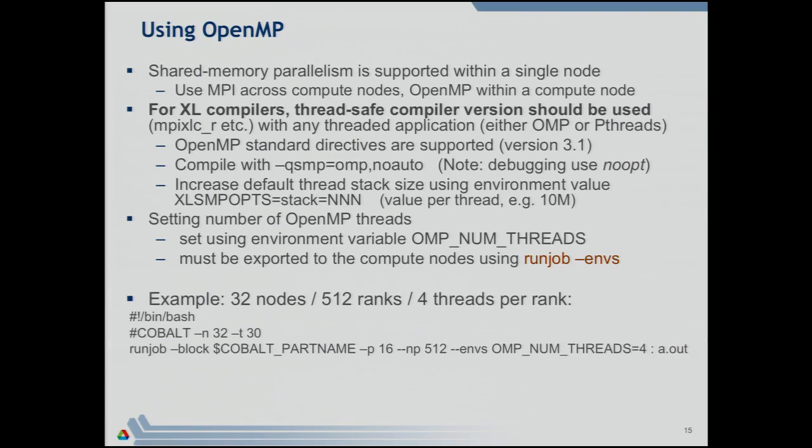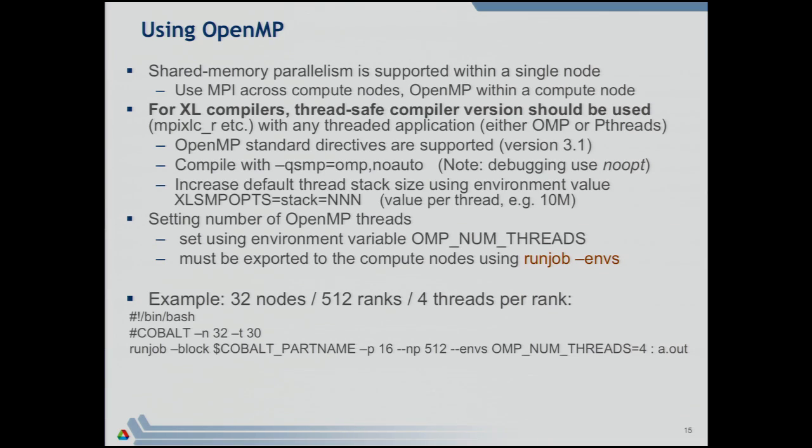So speaking about OpenMP, I already mentioned, but I'll remind you that with the XL compilers, you need the _R versions of the compilers, and you need to enable processing of that with the -qsmp=omp option.